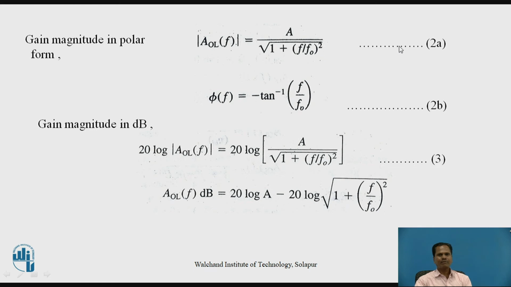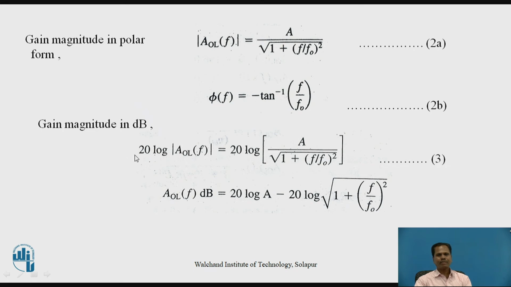So using equations 2a and 2b, we can plot a frequency response plot, that is, a gain magnitude plot and a phase angle plot. The gain magnitude can be expressed in decibels.